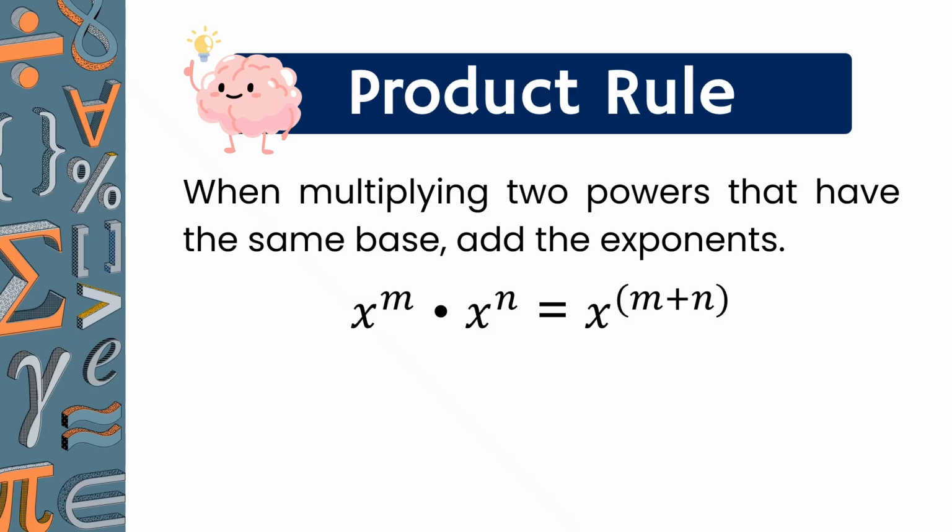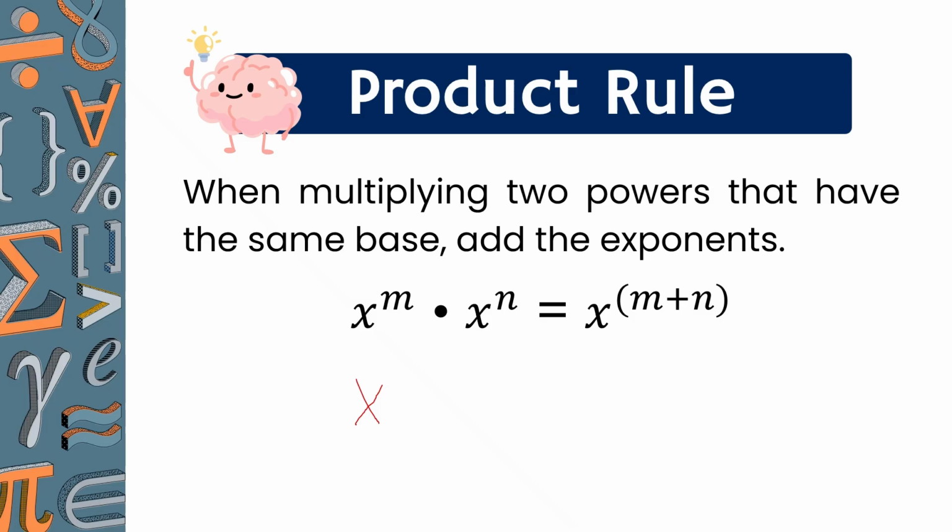So when we are multiplying two powers that have the same base, we will just add the exponents. So if we have x raised to m times x raised to n, we will just copy the base and add their exponents.